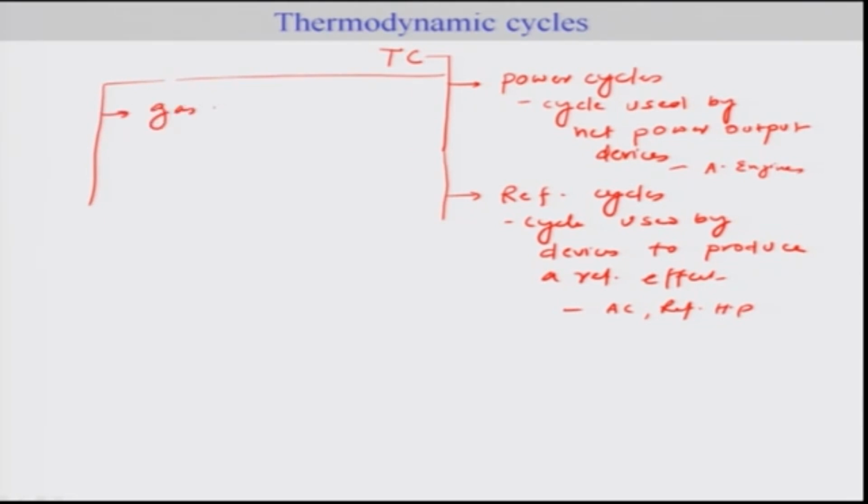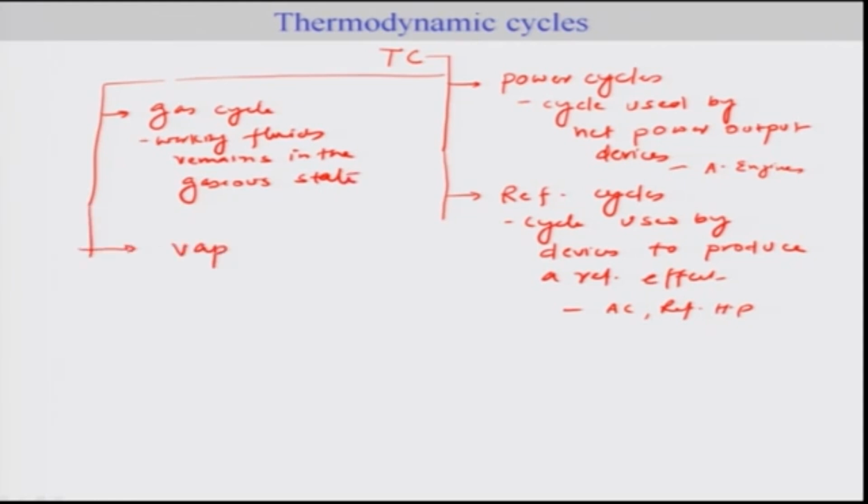One would be, let's say, the gas cycle, where the working fluid remains in the gaseous state all the time. And then you have the vapor cycle, where the working fluid involves some kind of vapor-liquid phase transition, and one part of the cycle would have the working fluid in the vapor phase, and the other part in the liquid phase.